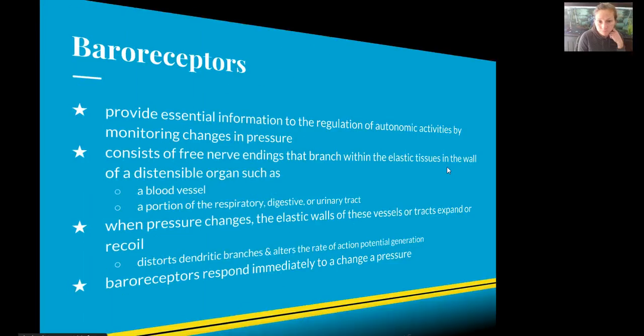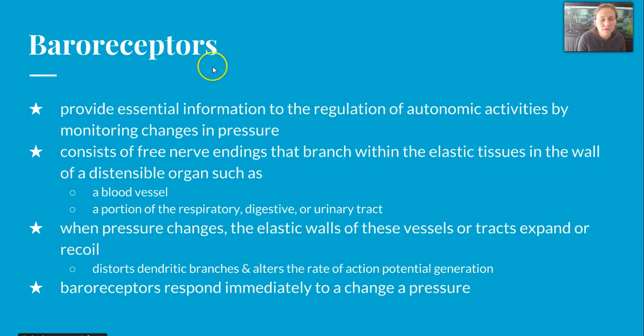And you see a larger picture here that shows the location of them all with respect to each other. Our baroreceptors provide essential information for the regulation of the autonomic activities that occur within our visceral organs. They consist of free nerve endings that branch within elastic tissues, mostly in the walls of blood vessels and portions of the respiratory, digestive, or urinary tracts. When pressure changes, the elastic walls of these vessels or tracts expand or recoil.